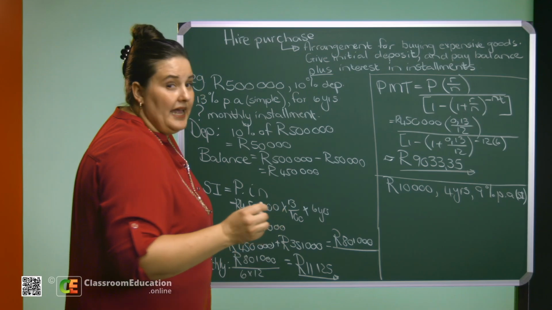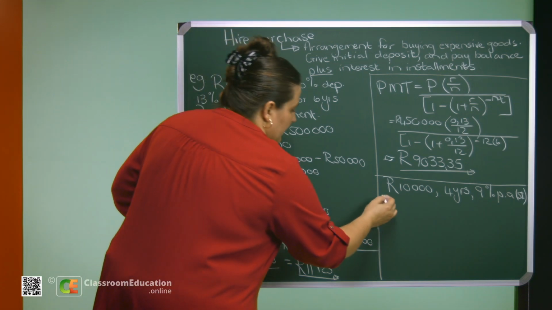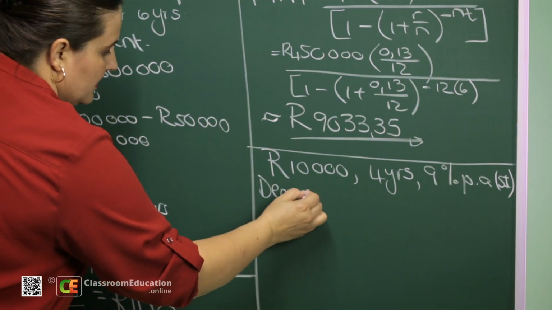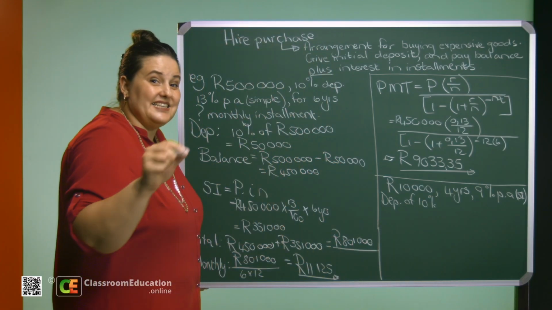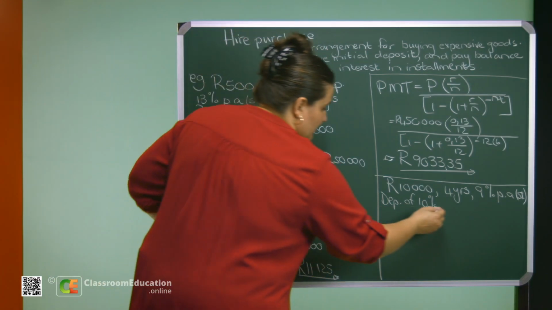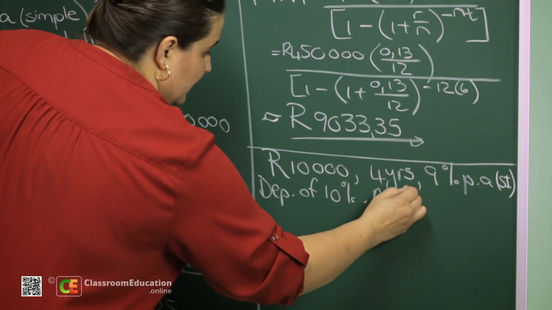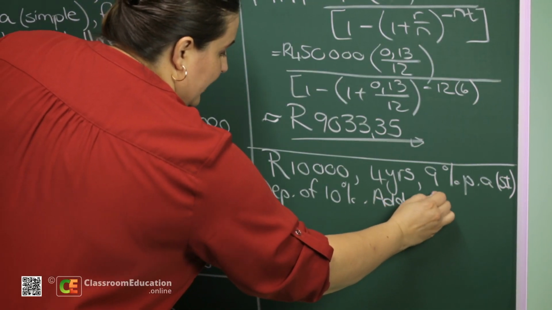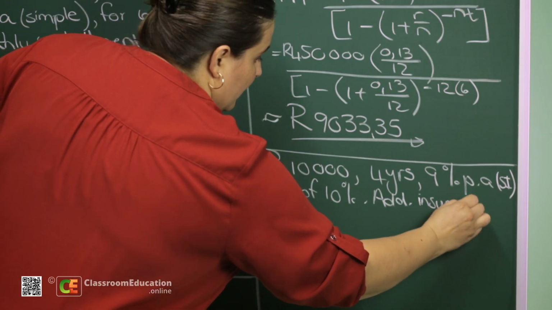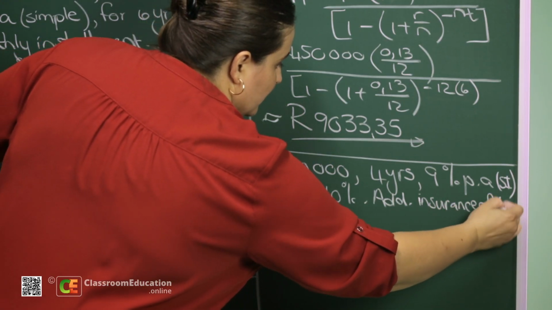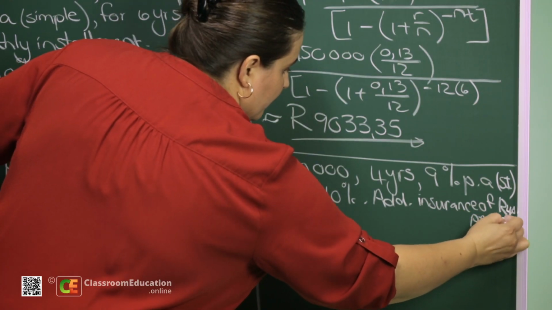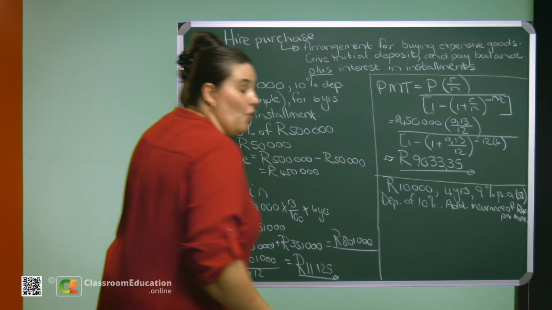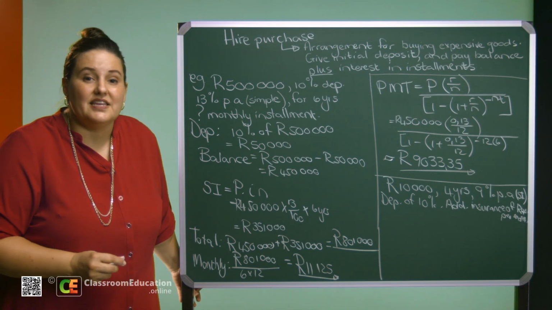You need to pay a deposit of 10%, and then they have an additional insurance of 40 Rand per month. So what is your monthly installment?